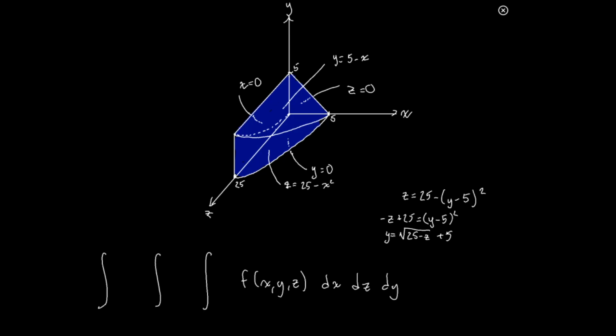All right, we got one left to do, dx, dz, dy. Okay, so let's start with y. Y goes from 0 to 5. Z goes, okay, we're going out this way. Z goes from 0 out to 25, right? Because it's just a line on this side. But then, okay, now we have this rectangle again, and now we're going in the x direction.